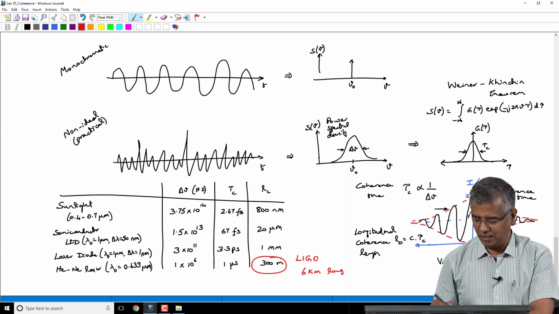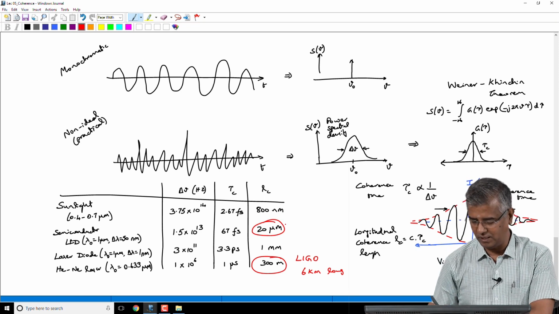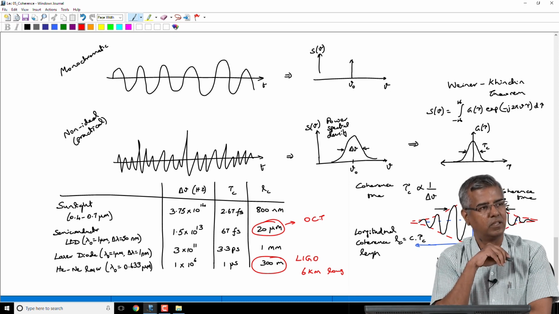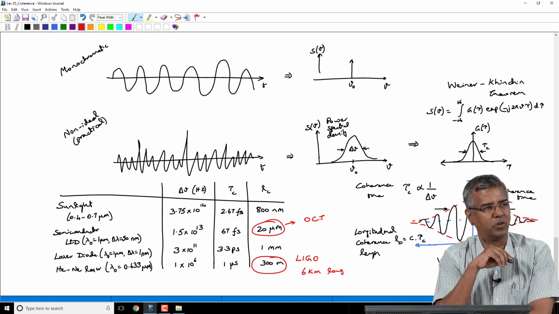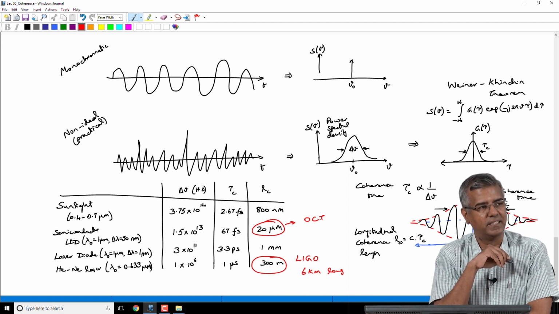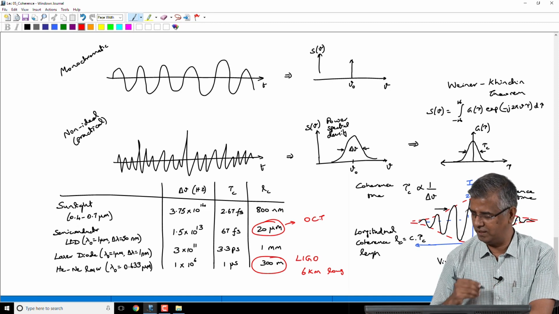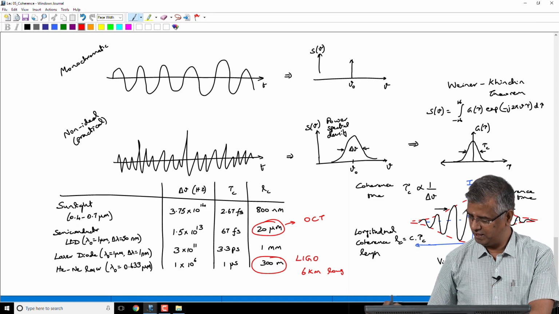But somebody mentioned maybe you want to have short coherence length, and that is still quite useful in an application called optical coherence tomography, or in short OCT. So, how would this help in optical coherence tomography?